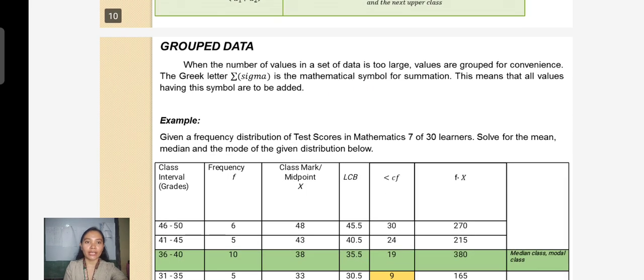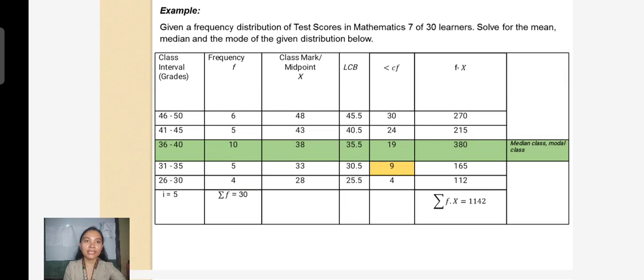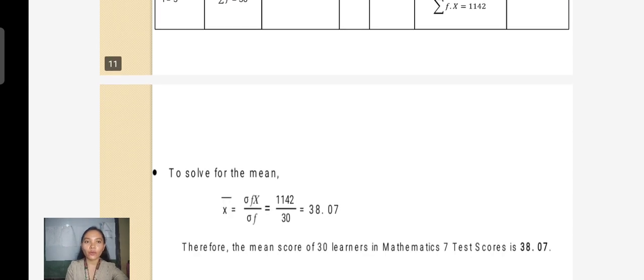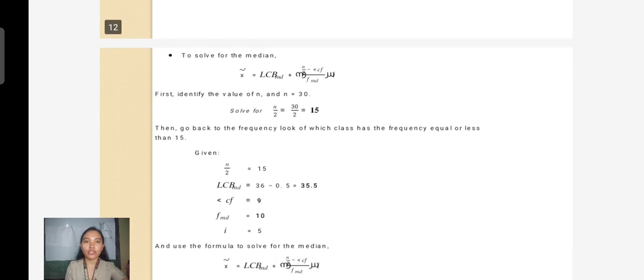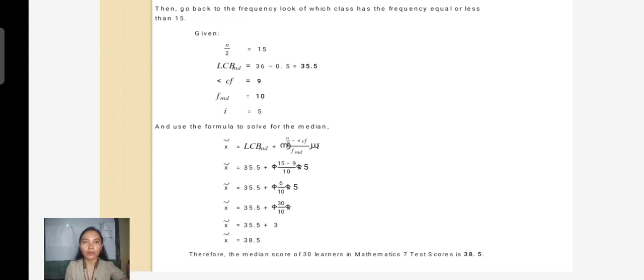The median class has 19, so before it we have 9. So the less than CF is equal to 9. Then the frequency of the median is 10 and our interval is 5.